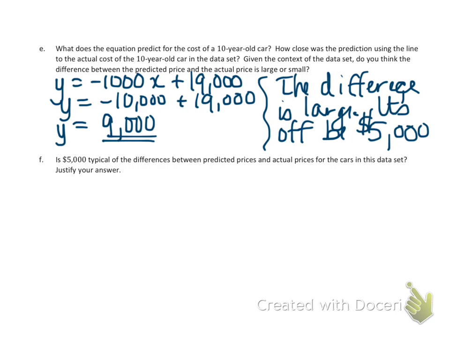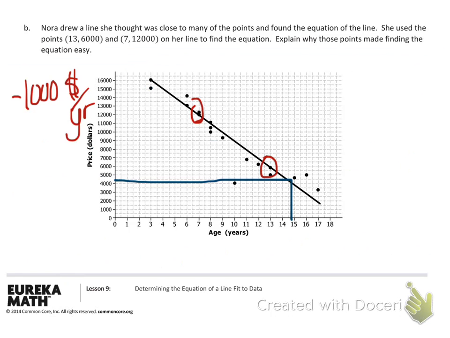Okay, and then part F says, is $5,000 typical of the differences between predicted prices and actual prices for the cars in this data set? Justify your answer. Okay, so we could look back at the graph and see that most of the differences are quite small. They're within maybe $1,000, or they're right on the line. So this is not a typical point here.